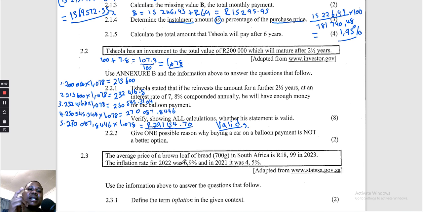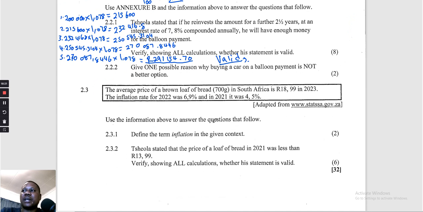And this is what the banks do. They don't give a balloon of 15,000. You see the balloon there, it was 283,000, meaning that if you do not have that amount, the bank will still say we are refinancing the balloon amount, meaning that they are still going to add interest on that amount.